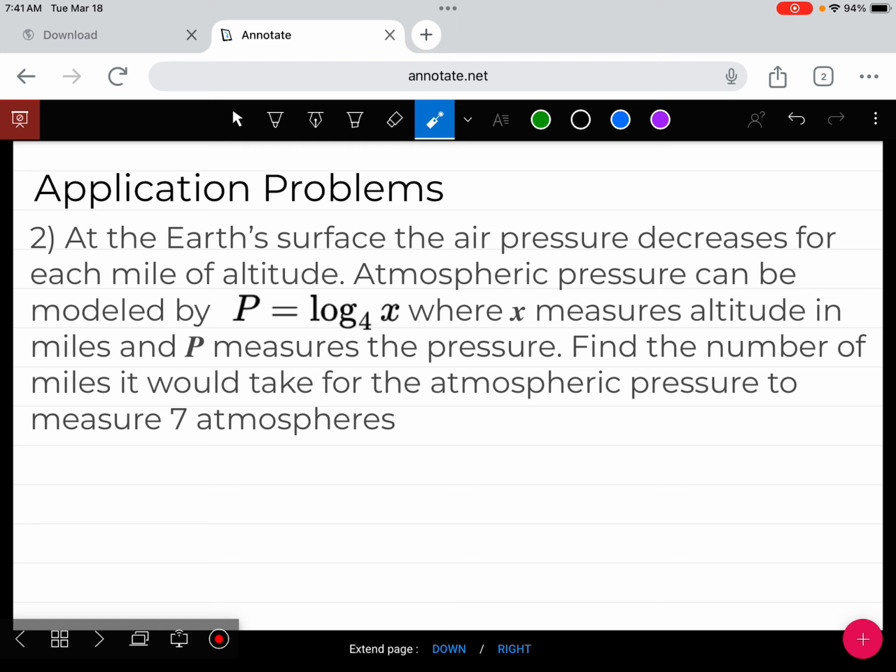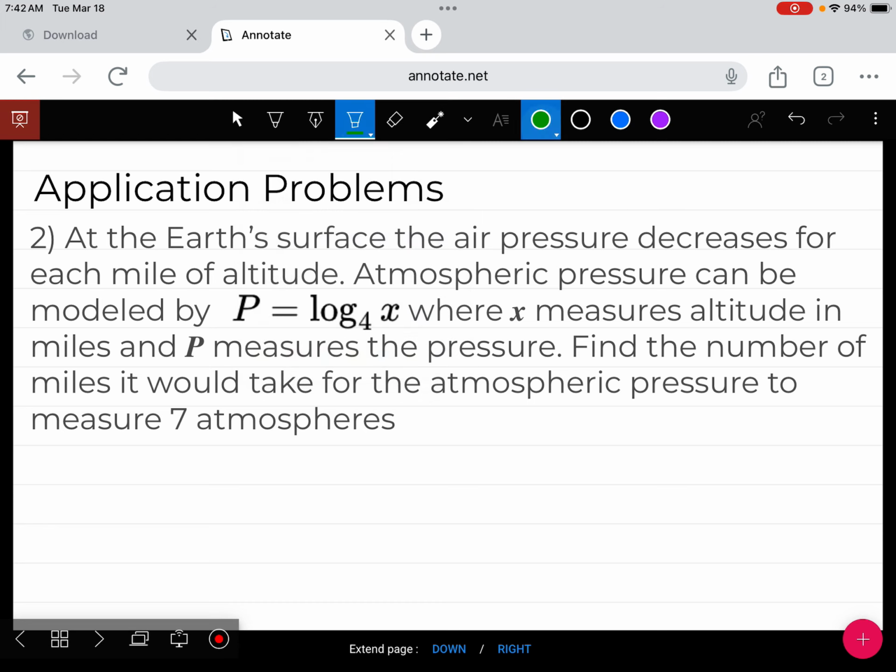We've got at Earth's surface, the air pressure decreases for each mile of altitude. And atmospheric pressure is modeled by that equation, P equals log base 4 of x, where x is the altitude in miles and P is the pressure. So we are asked to figure out how many miles it takes for the pressure to be 7 atmospheres.